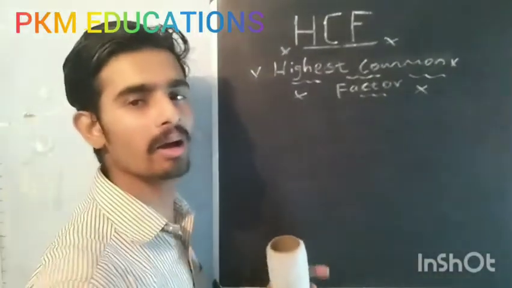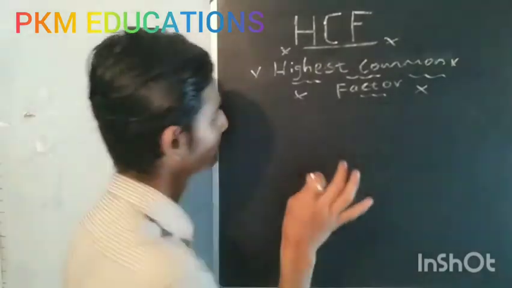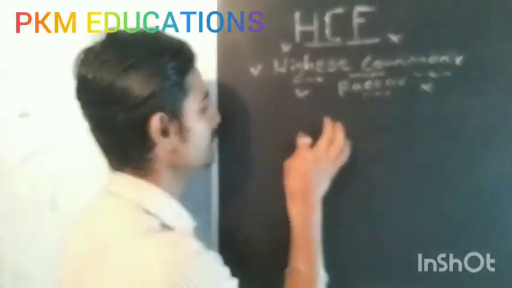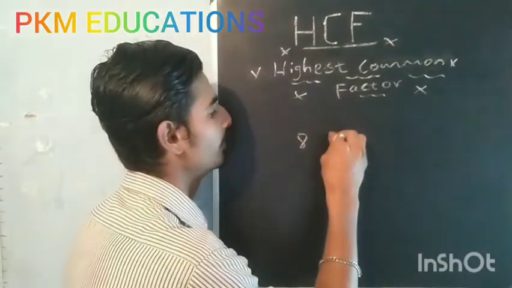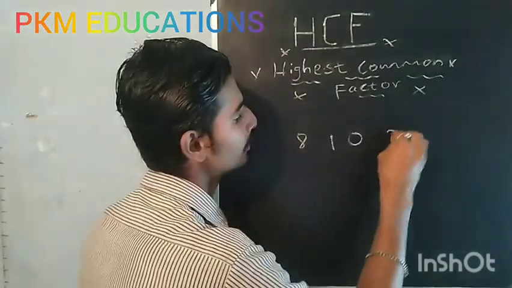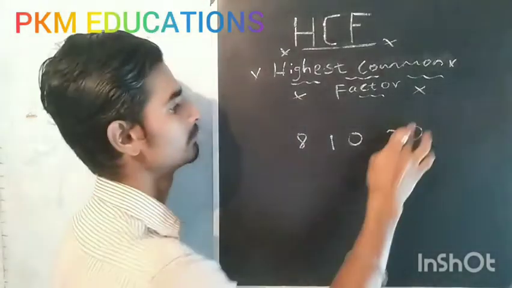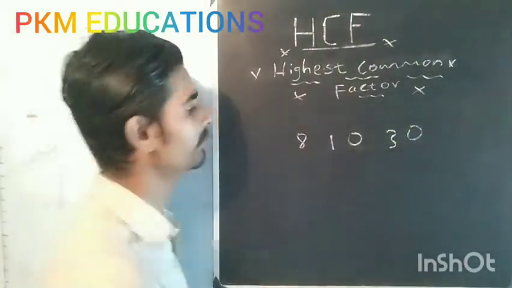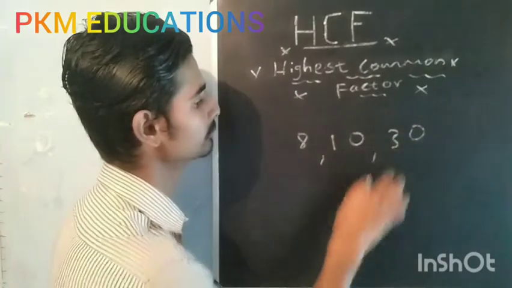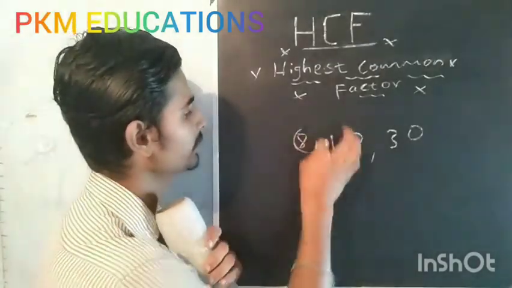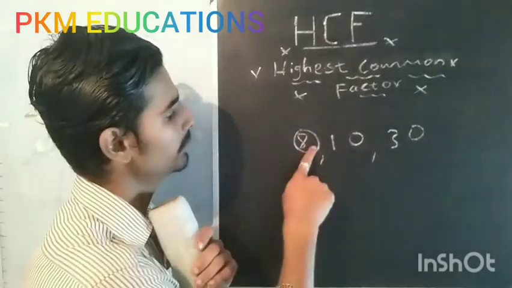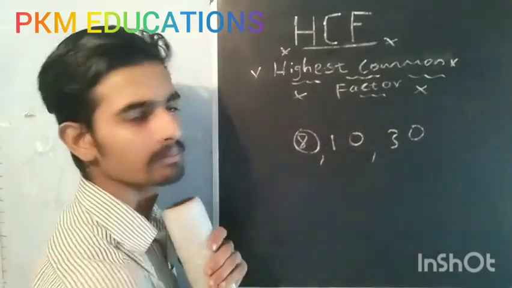I am writing another set of numbers: 8, 10, 30. How will you find it? First, take the smallest number. 8 is not divisible in 10 and 30.